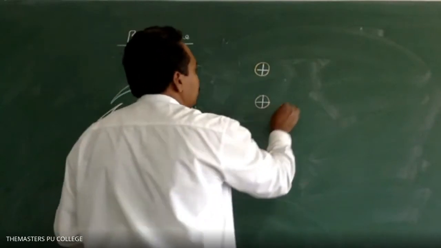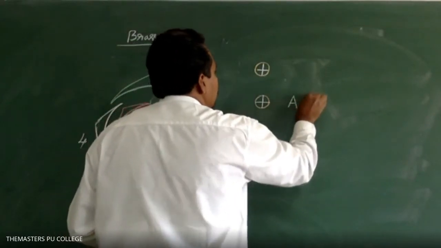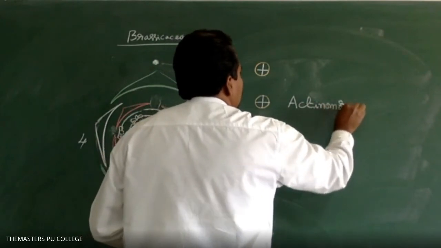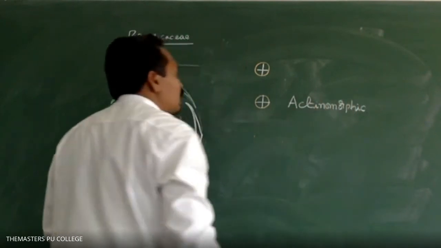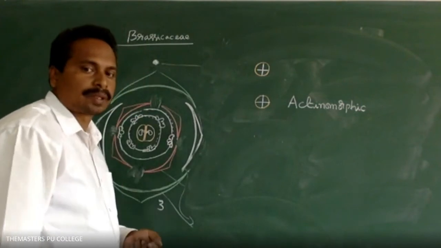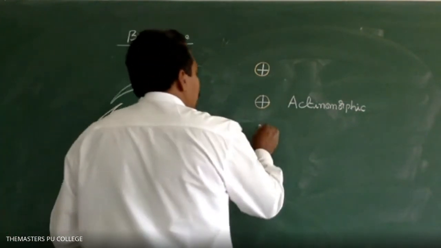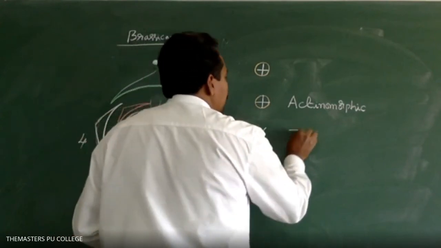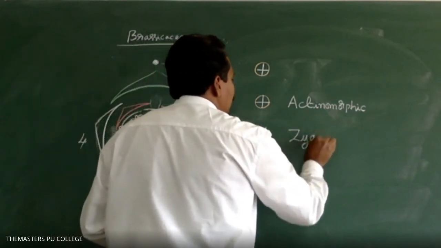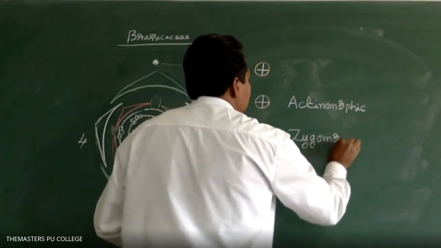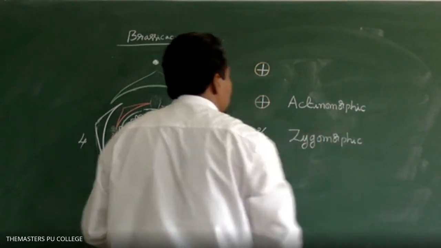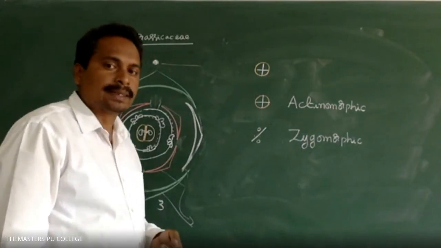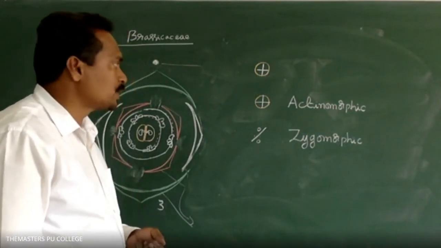The plus symbol indicates that flowers are actinomorphic. The percent symbol indicates that the flowers are zygomorphic.